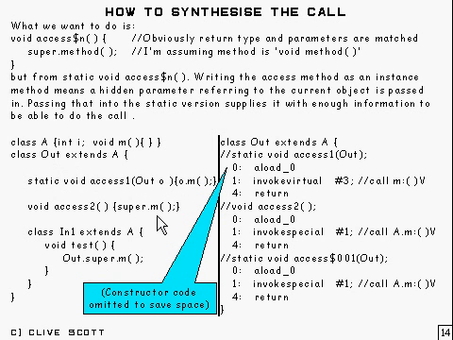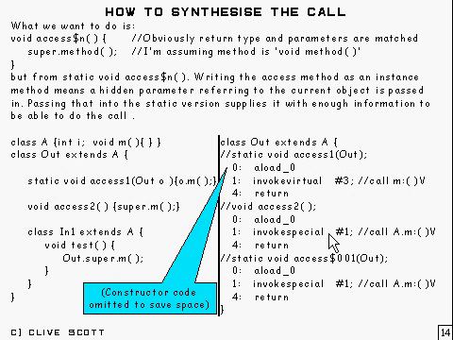If we look at the code that those two methods, access1 and access2, generate, you can see that access1 generates that, which is simply an invokevirtual, and access2, which is what we're trying to head for, uses invokespecial.